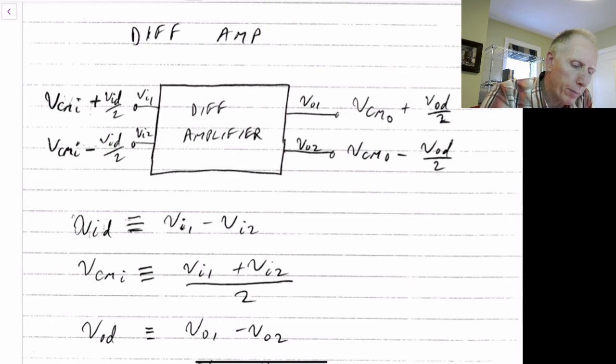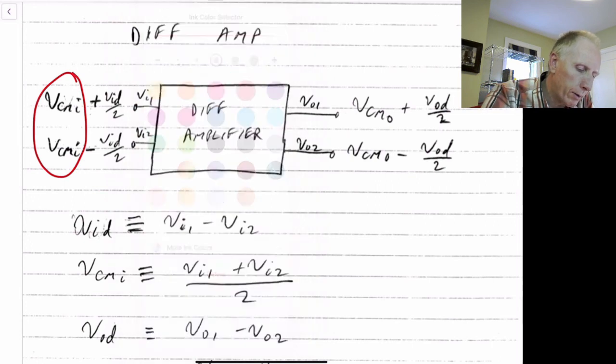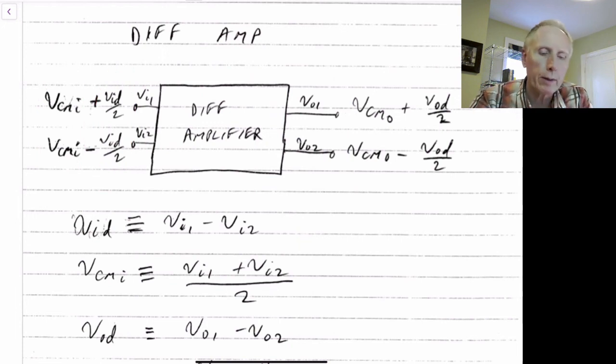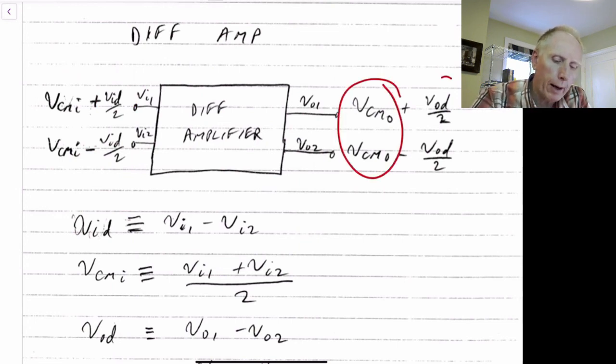Now the differential input consists of both a common mode input plus a differential input. So there's actually two parts to the differential input, the common mode part and the differential part. Similarly, the output has both the common mode output and the differential output.